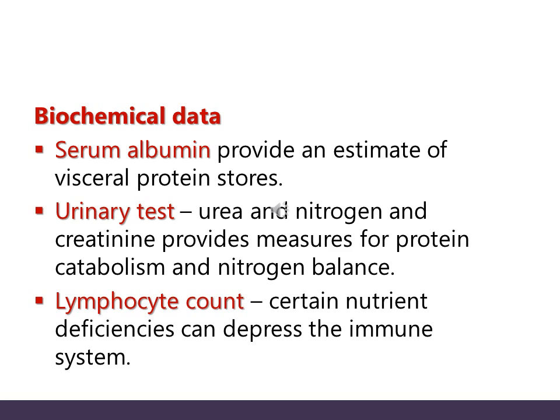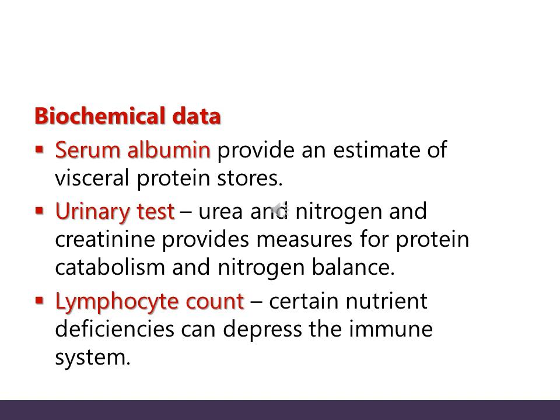How does it tell you the nutritional status of your patient? Serum albumin provides an estimate of visceral protein stores. What is visceral protein? These are the proteins inside our body system. And remember, protein is very important for muscle growth, right?